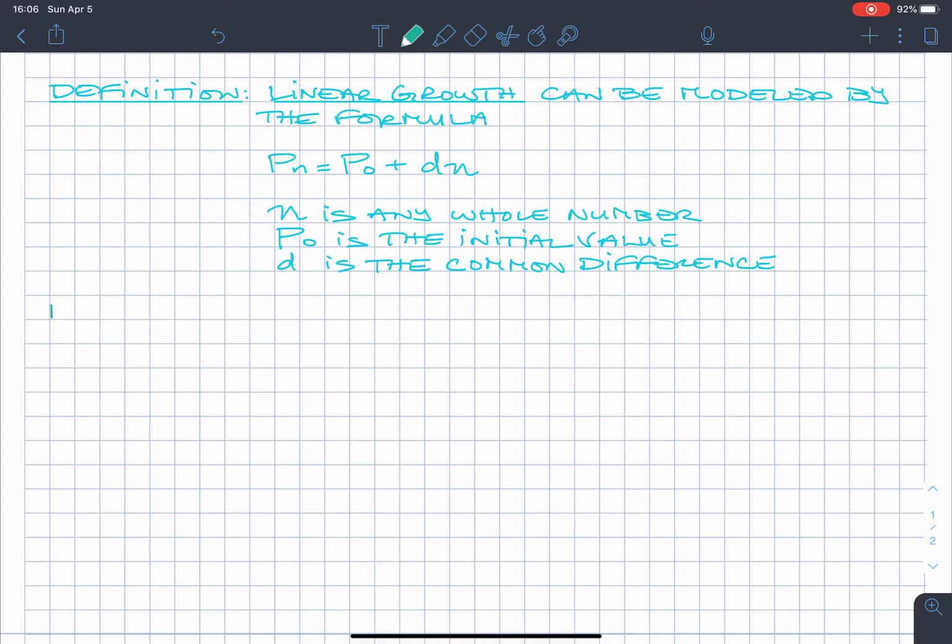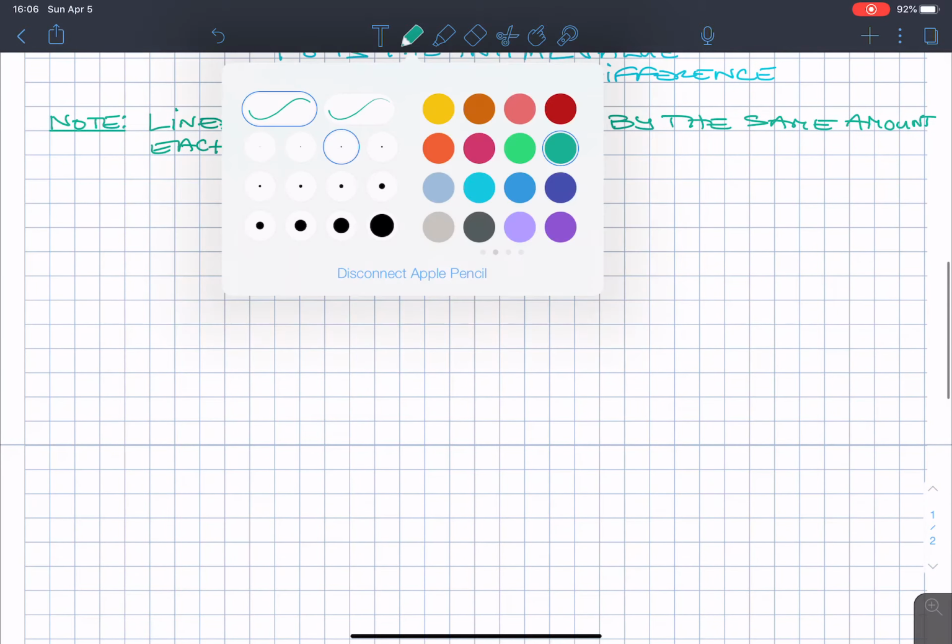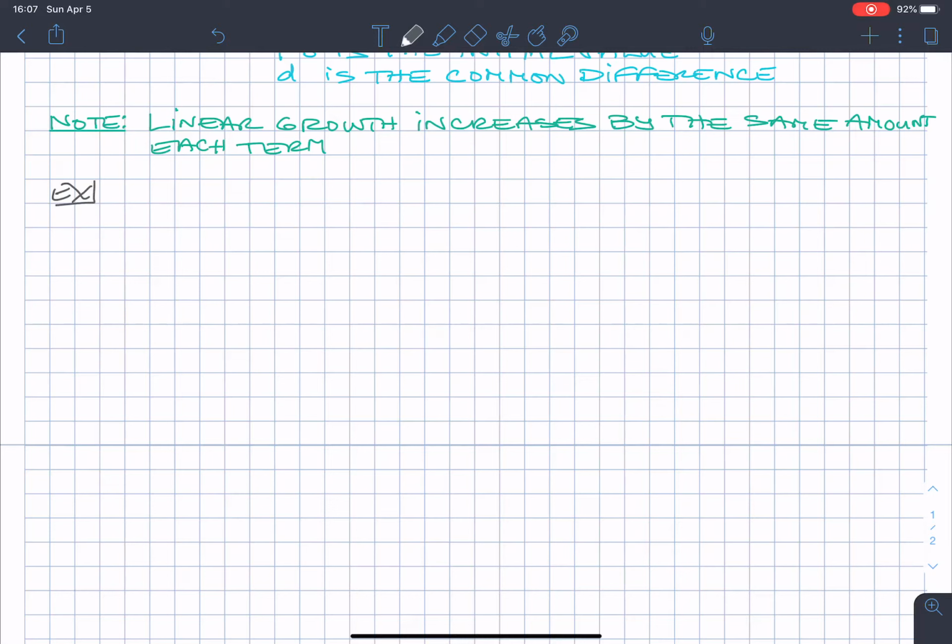So for example, let's plot the first 3 terms of the sequence.